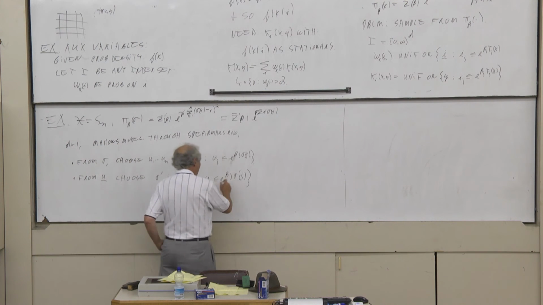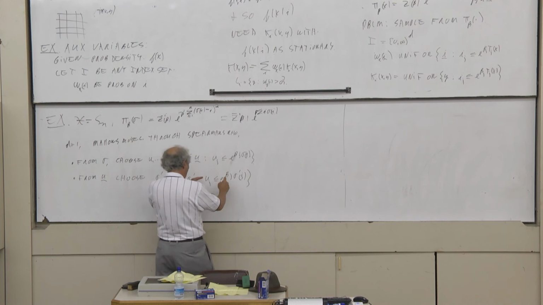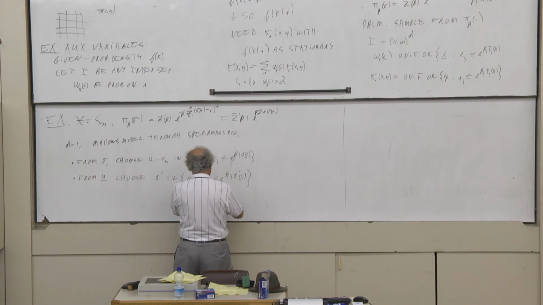That is to say, I need sigma prime of j bigger than or equal to, let me take logs of both sides and then divide, log of U_j divided by beta times j.